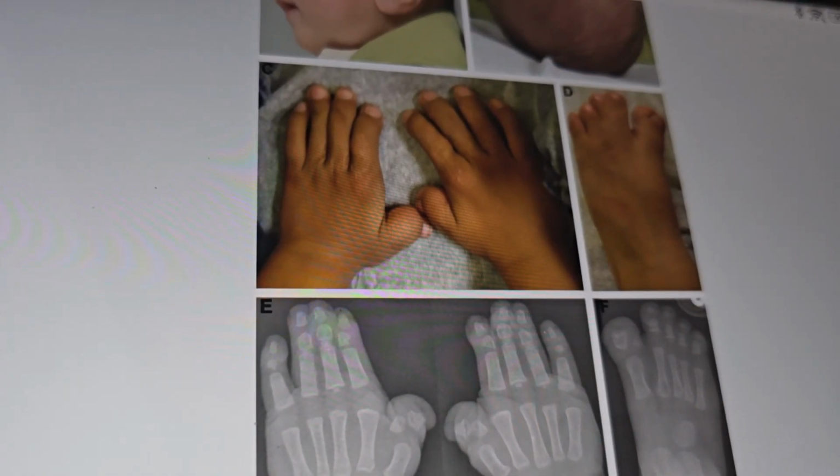By X-ray you can also see the widening of the thumb, and you can see two bones in the X-ray rather than one phalanx. It is two bones inside, so this is causing the widening of the thumb. So this is Apert syndrome.